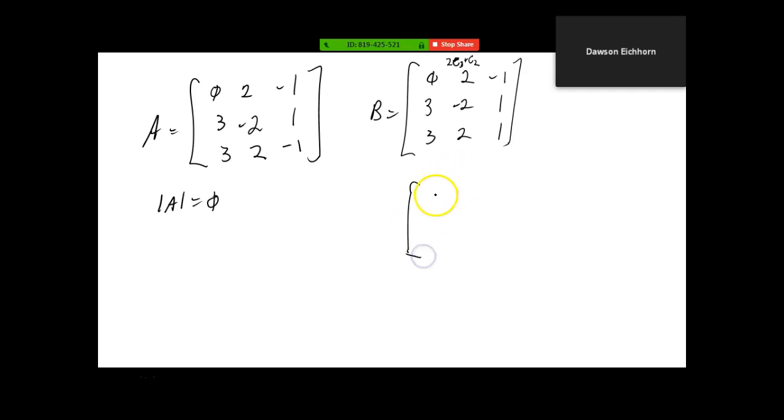What would be that matrix? 0, 3, 3 stays the same. This would become 0, 0, 3. And then leave column 3 alone. Minus 1, 1, 1.